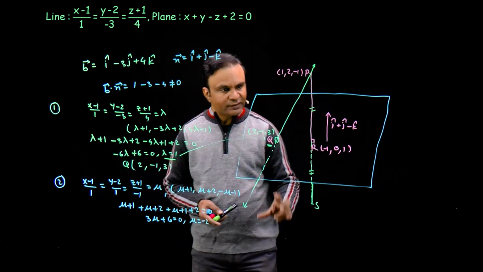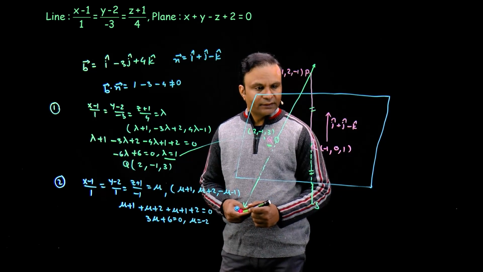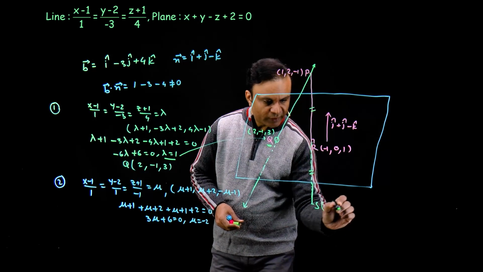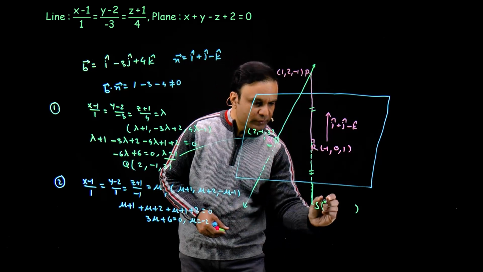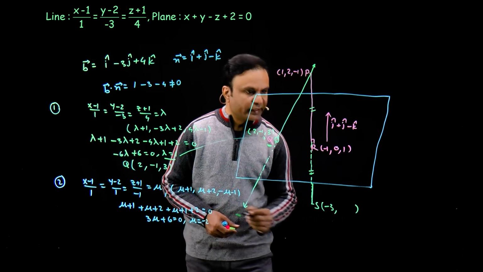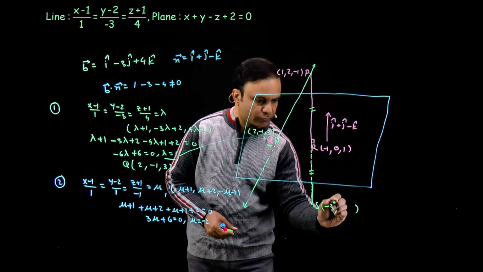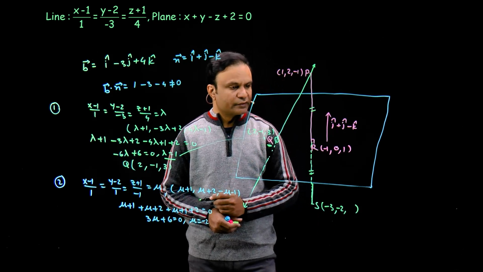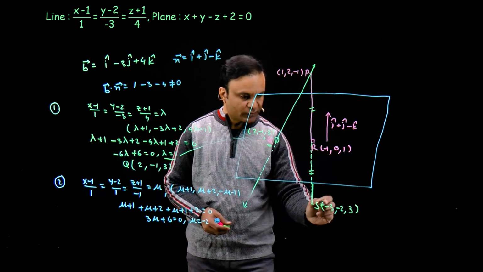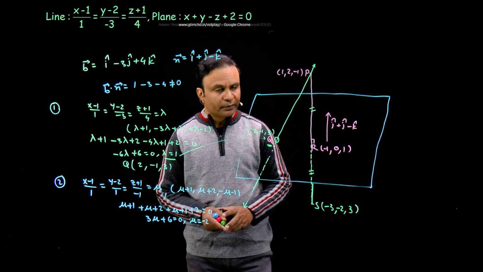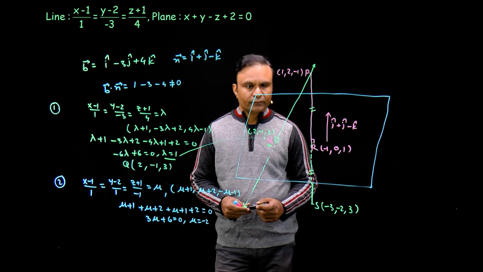That means R is midpoint of PS. We can get coordinates of point S. Okay, here we have 1, here we have minus 1. So here we must have minus 3, 2, 0. So here we have minus 2, minus 1, 1. So here we have 3. So this is image of point P in the plane.